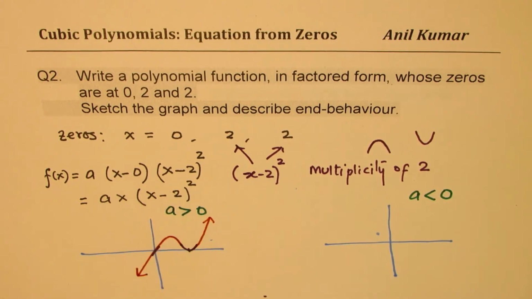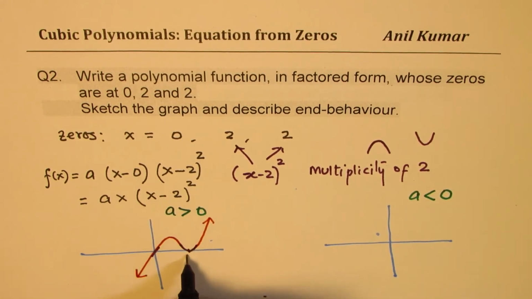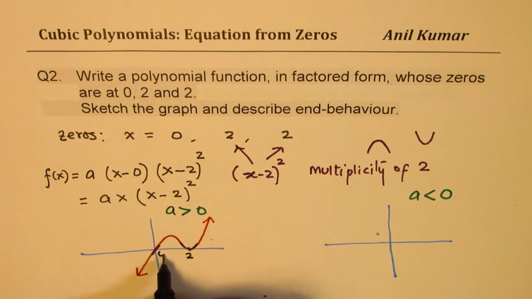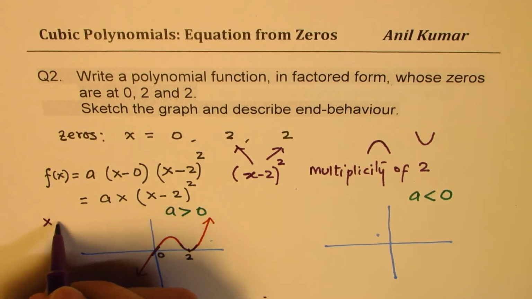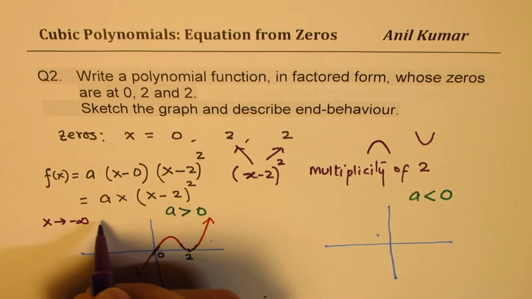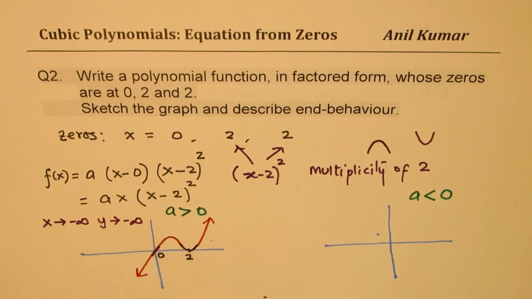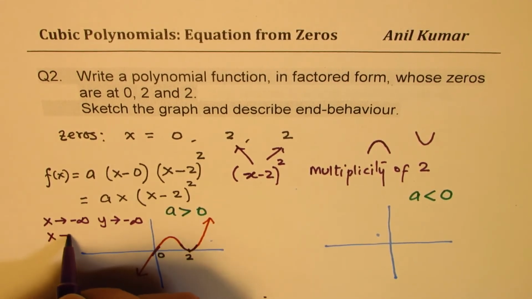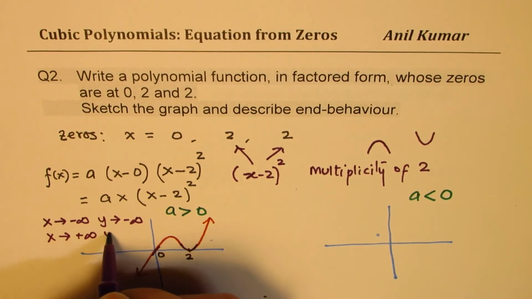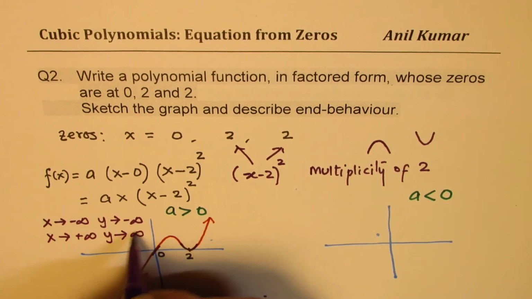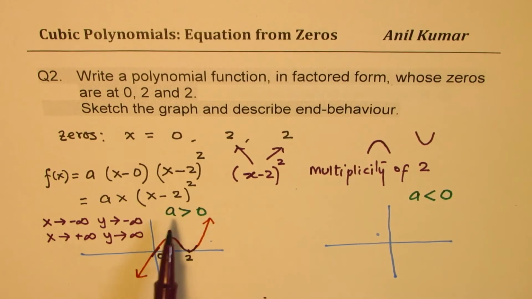Do you see that part? So this is at 2, this is at 0. Now to describe the end behavior, we can say when x approaches negative infinity, y approaches negative infinity. That is this point. And when x approaches positive infinity, y approaches positive infinity. So this is the case when a is greater than 0.